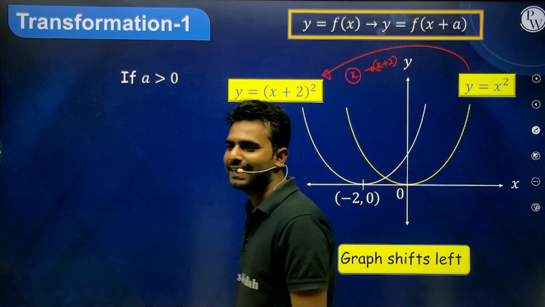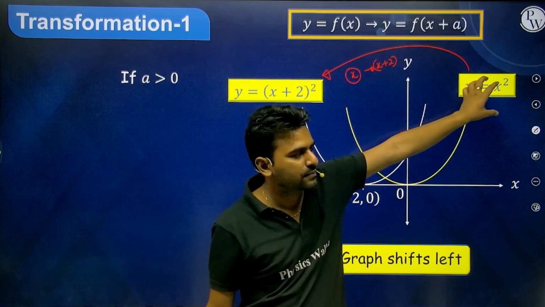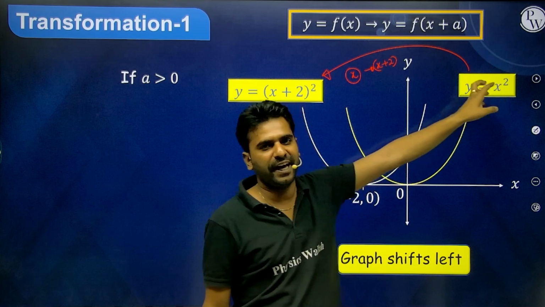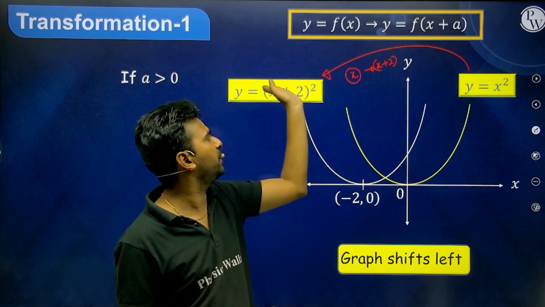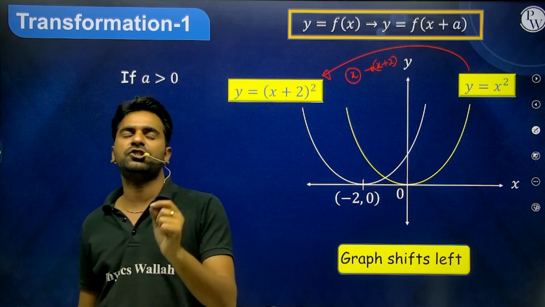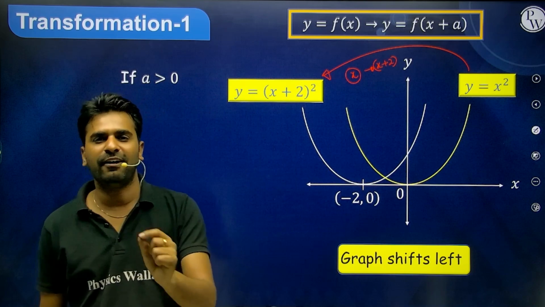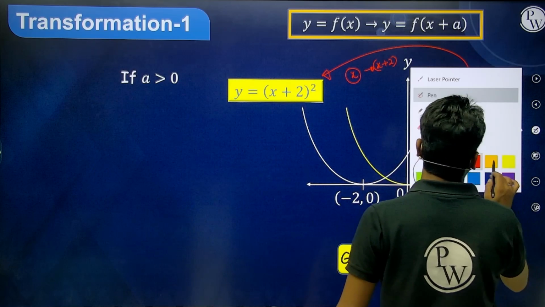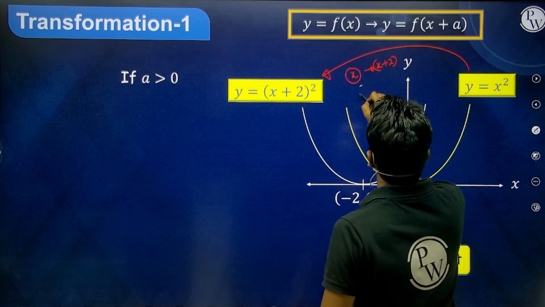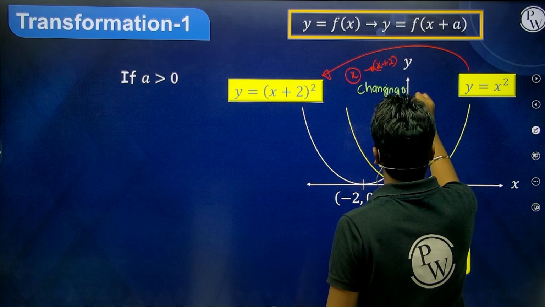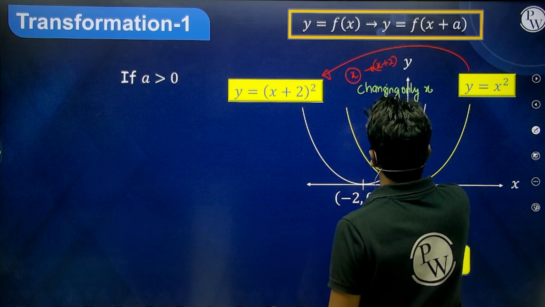If I put in place of x, x plus 2, I get nothing but this particular expression. So what I am doing is making a change in x. The y is kept constant only. Changing only x. Y is constant.